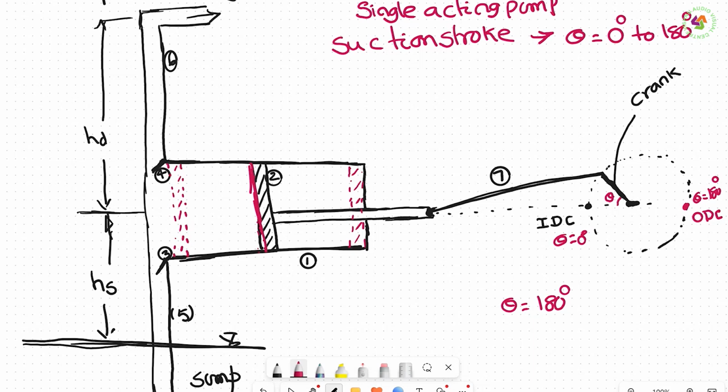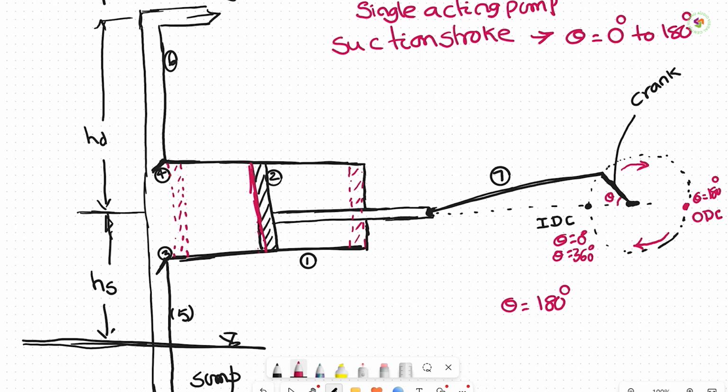Now, at the end of the suction stroke, that is when theta is equal to 180, the piston is at the extreme right position. Now, again from theta is equal to 180 to 360 degrees, the crank rotates like this. What will happen?